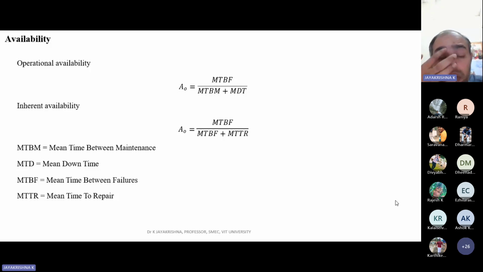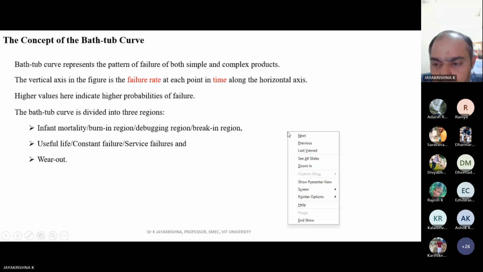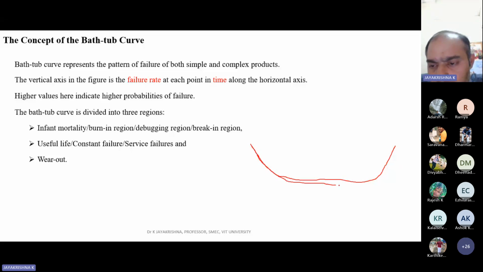The next important concept we'll be discussing is the bathtub curve. So what is a bathtub curve? Have you seen a bathtub? Yes, sir. A bathtub will normally look like this, correct? Since the curve is going to look like this, we call it a bathtub curve. I will explain it in the next slide.